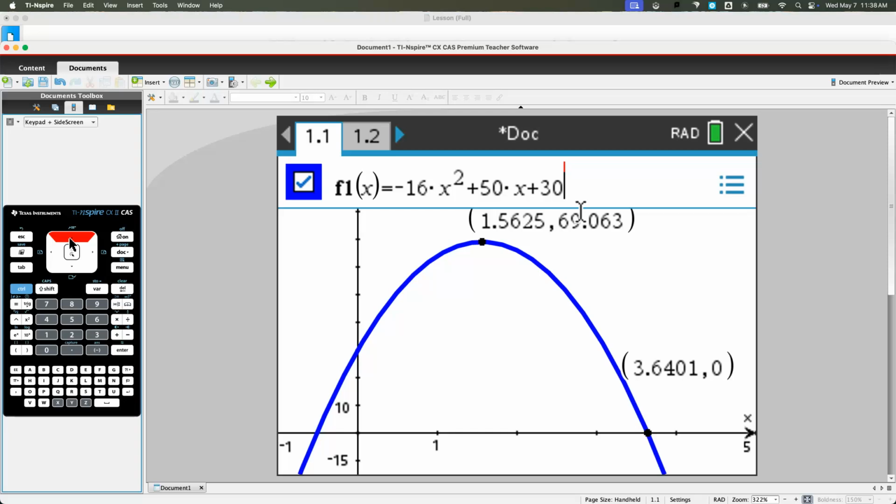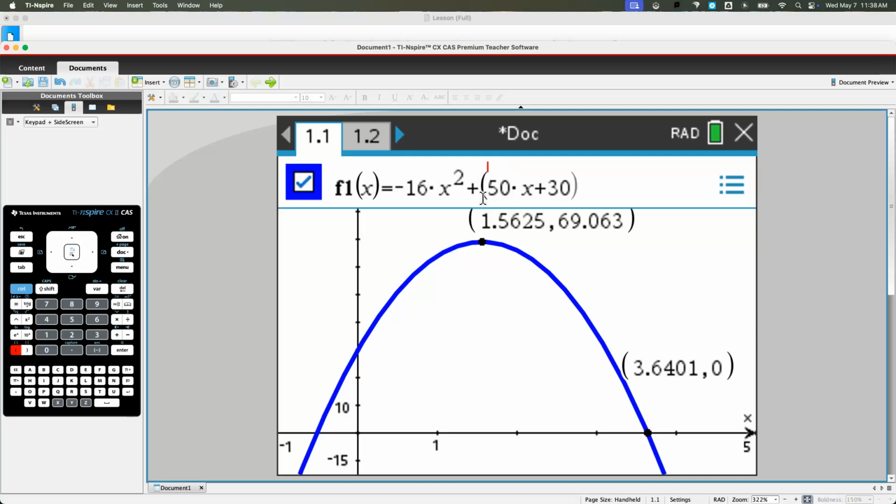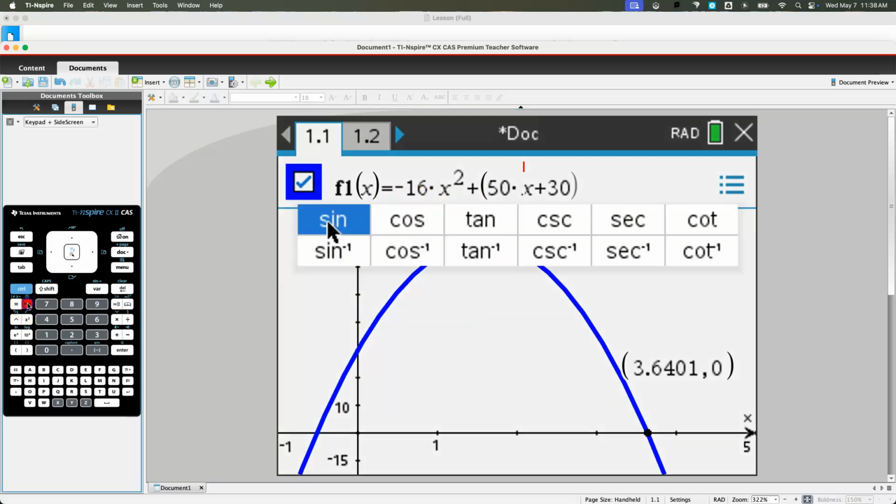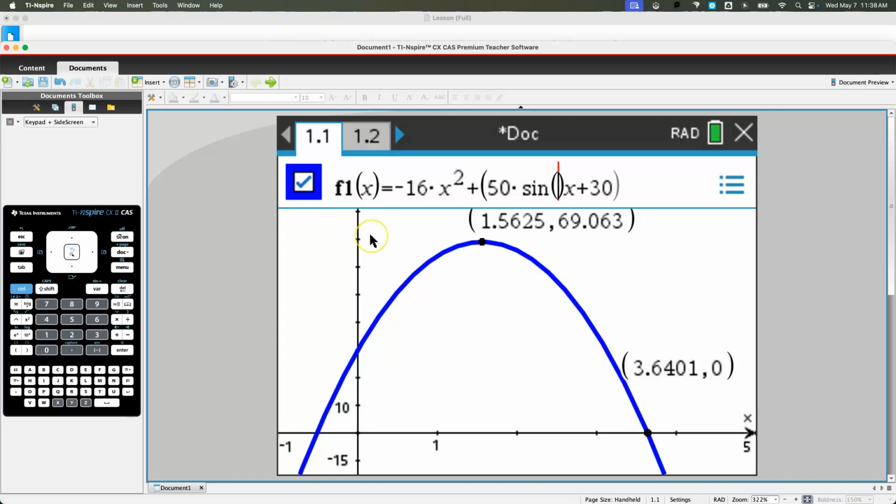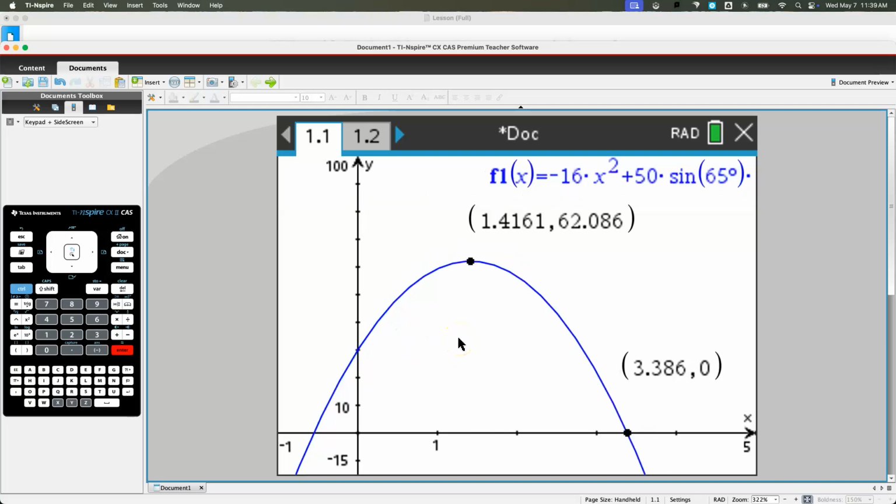So if I just tweak this maximum height one to what my y value was before, times 50 times now all of those have also been tweaked.